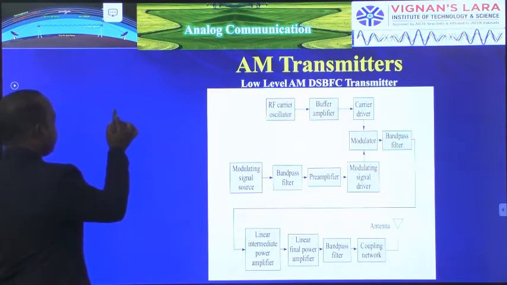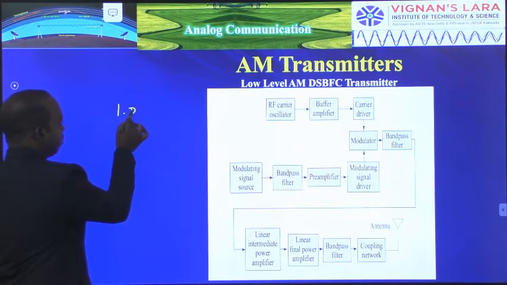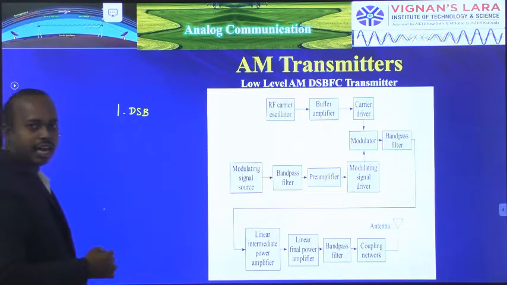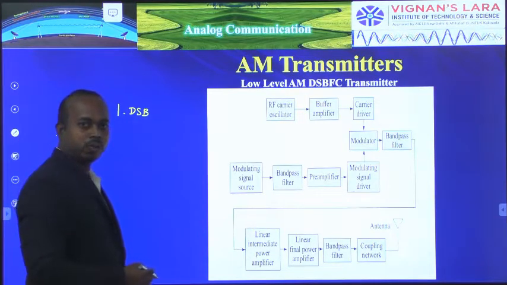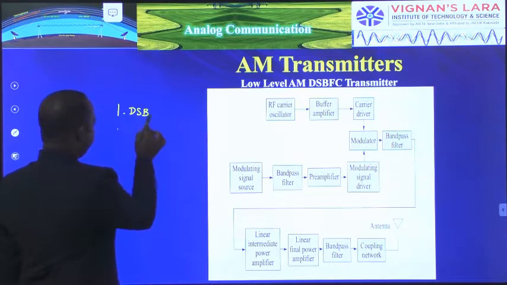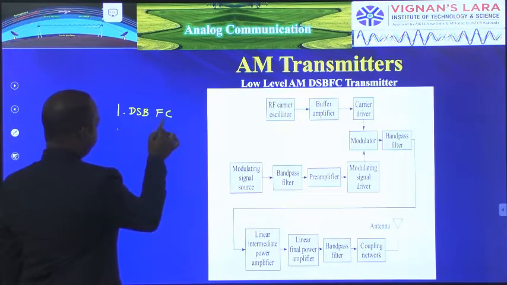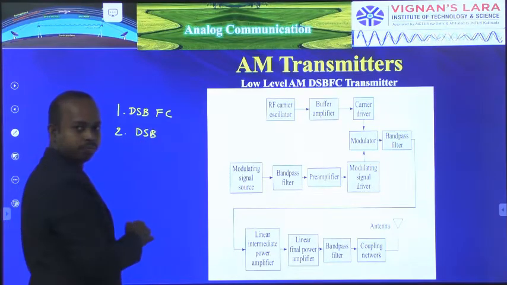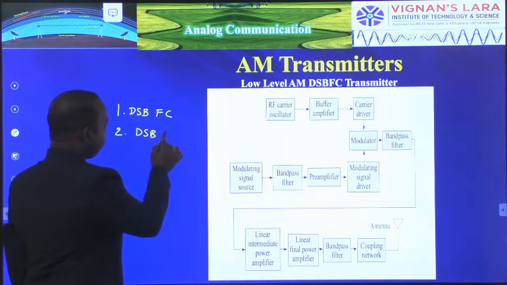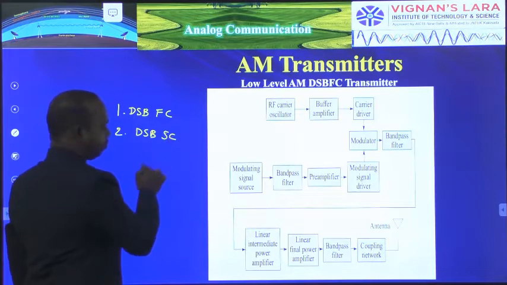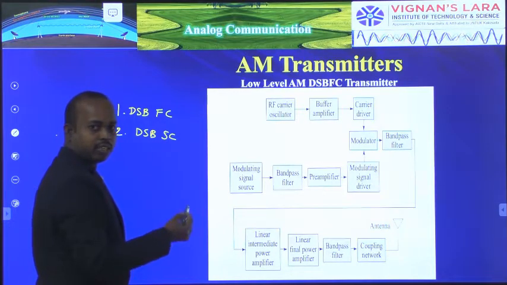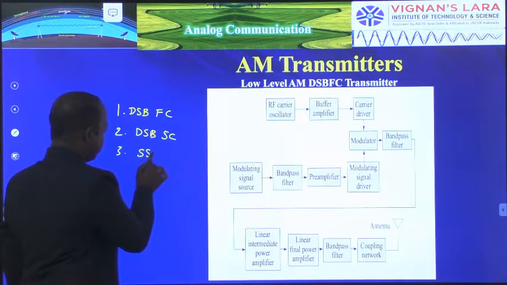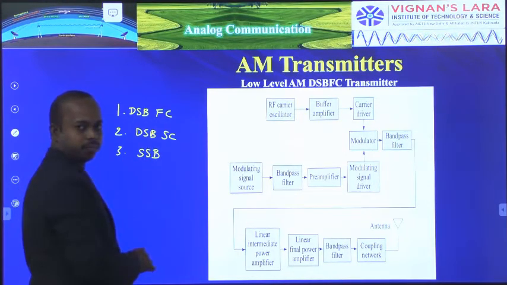The first one is double sideband full carrier, and the second one is double sideband suppressed carrier. The third one is SSB, single sideband full carrier, and the fourth one is SSB suppressed carrier.